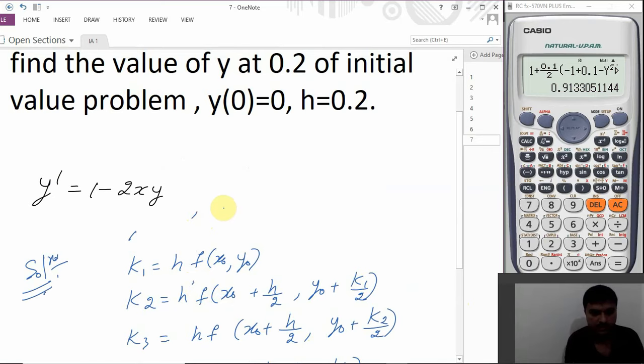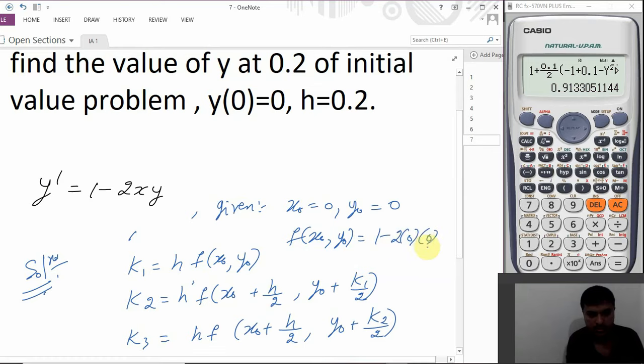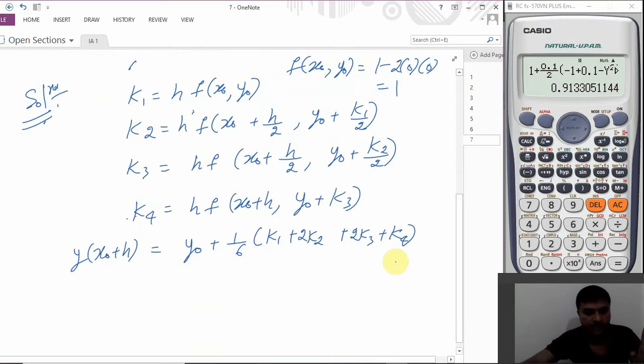Immediately substitute in the k2 value, it's 0.2 f of x naught is 0 plus h is 0.2 upon 2 comma y naught is 0 plus k1 is 0.2 upon 2. Immediately put it in the calculator, you will get the values, friends. So it's 0.1 and 0.1.